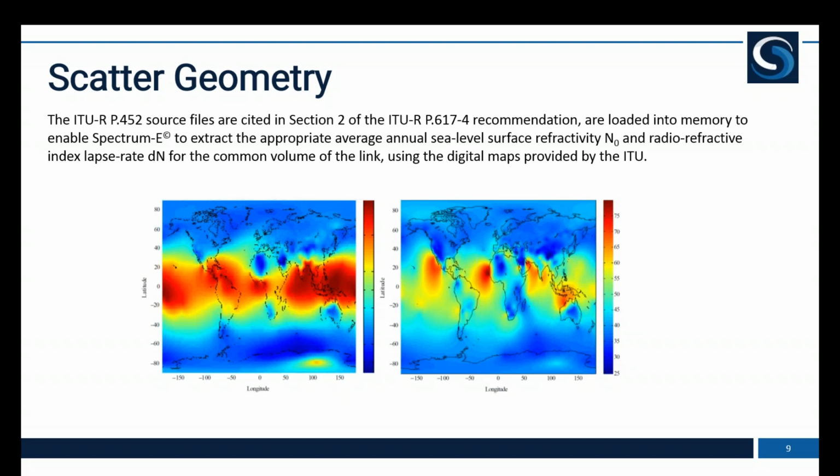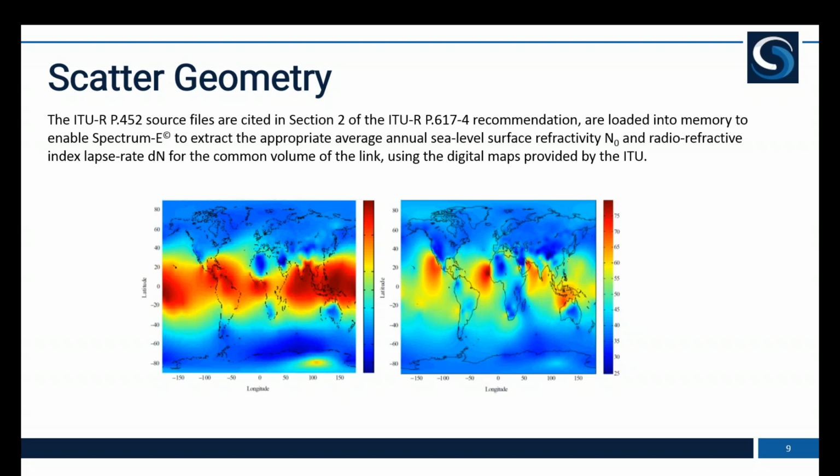That's the DN values that are mentioned throughout both of these recommendations for those of you that like the formulas. So to extract this appropriate value, the tool has to read these maps along with the coordinate information provided for the tropo links.